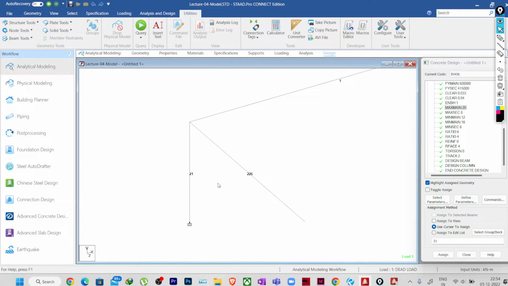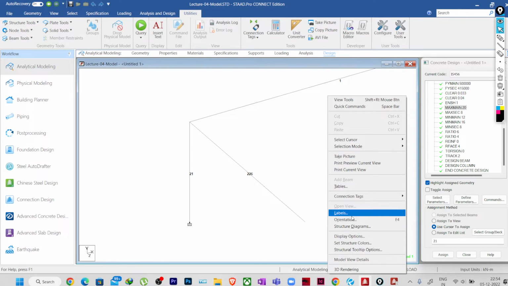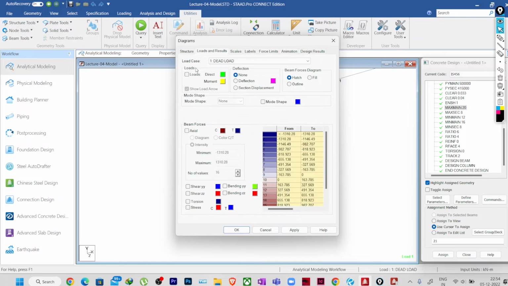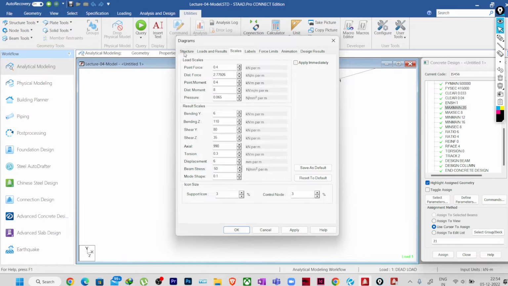Okay, so now if you just see, let me turn on the labels for this.